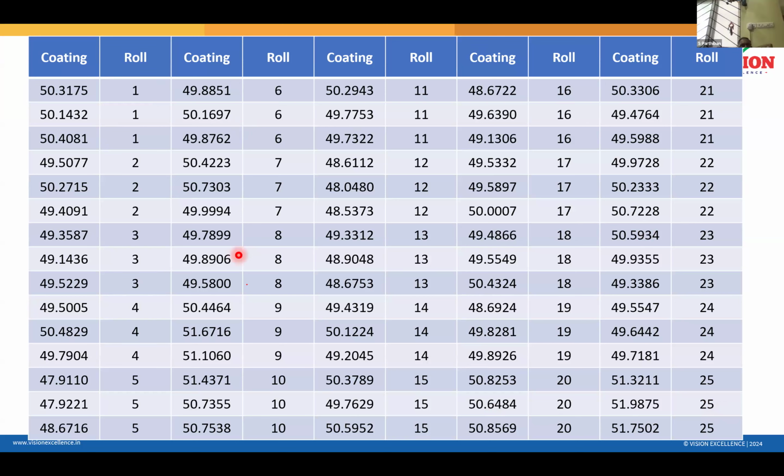In this manner, for every roll, a subgroup of 3 samples is taken randomly. So totally you have 75 data grouped under 25 subgroups, and each subgroup represents the parts produced from each roll. All of you understand? This is the data collection plan.